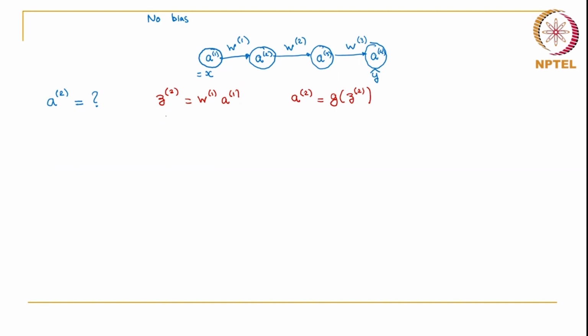Similarly, we can write for the next layer, we can write Z3 equal to W2A2 and A3 equal to G of Z3.